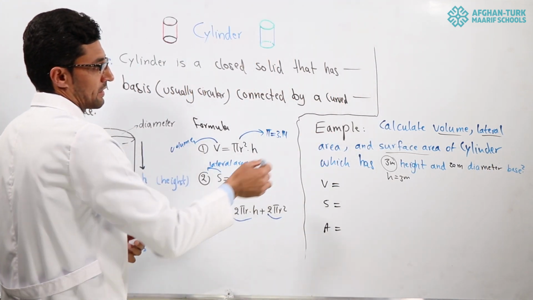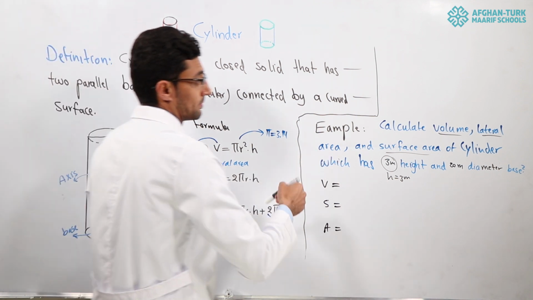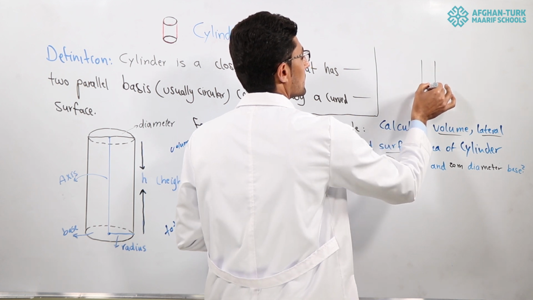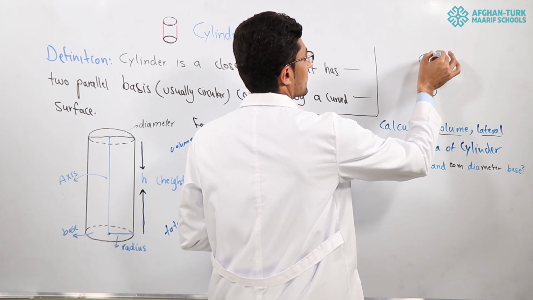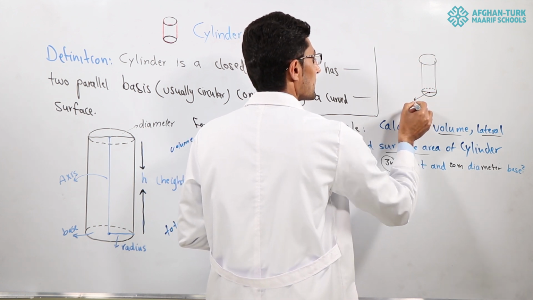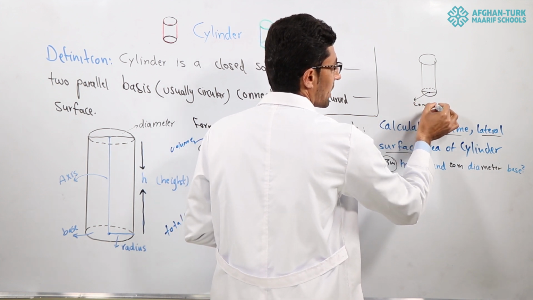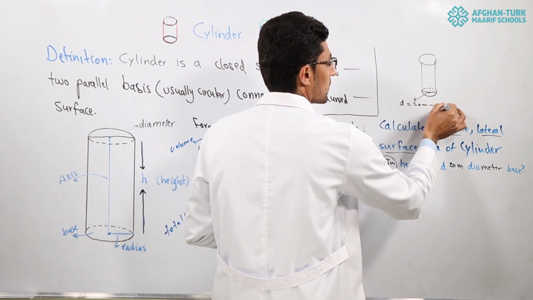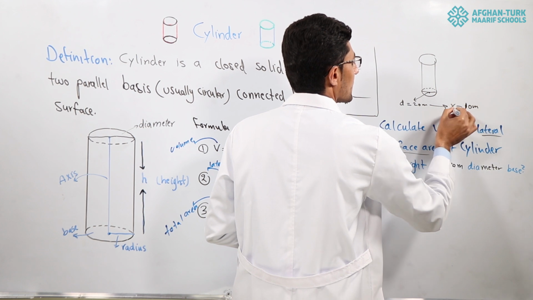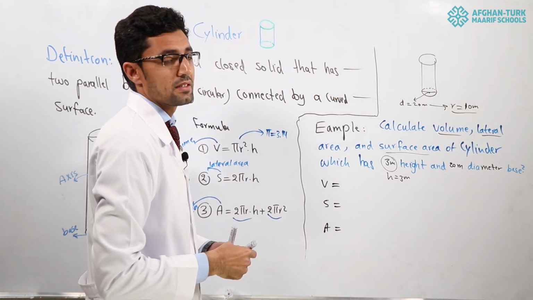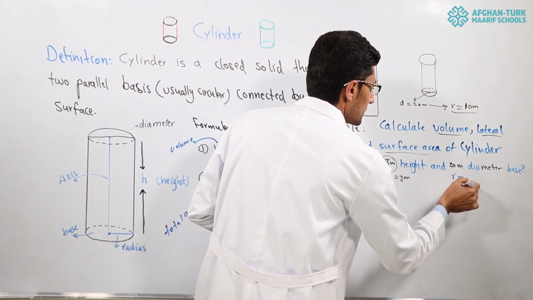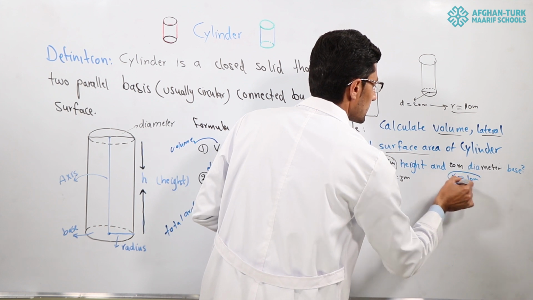You know that the diameter is 20 meters. If the diameter is 20, how much is the radius? It is 10 meters, and we need the radius. So r is equal to 10 meters.